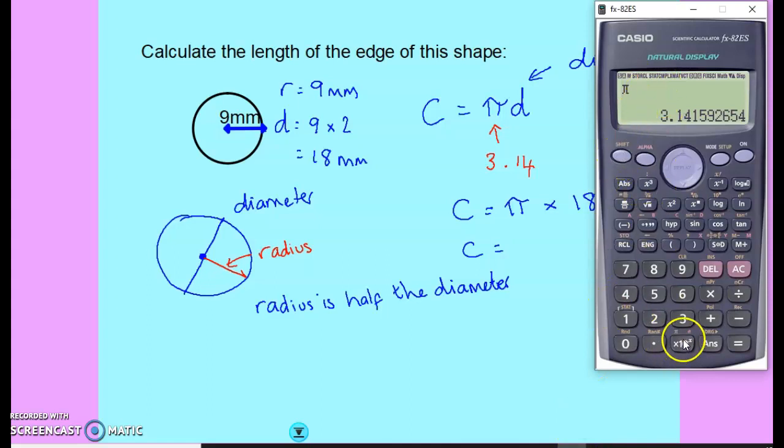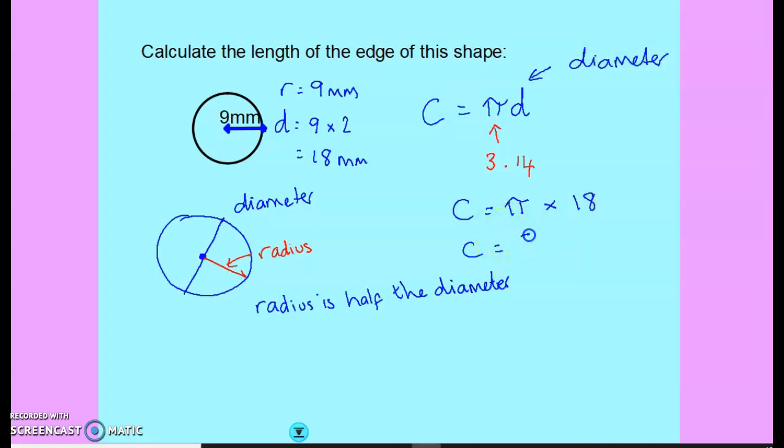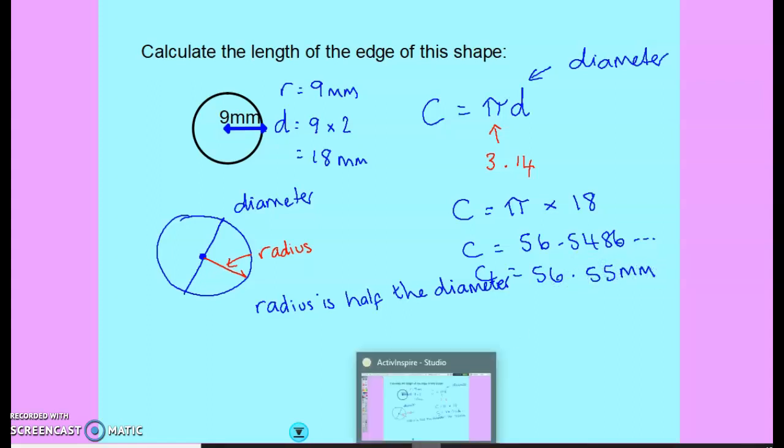I'm going to use the pi button on my calculator. You can just use 3.14 if you can't find that pi button. That comes out as 56.5486 and so on. To 2 decimal places, that will be 56.55 millimeters.